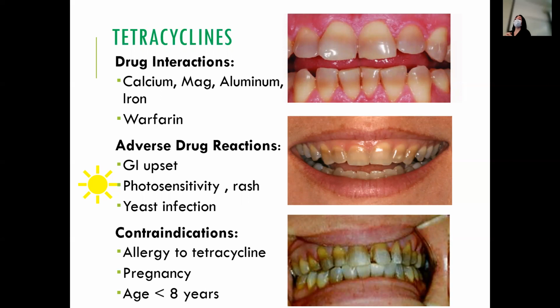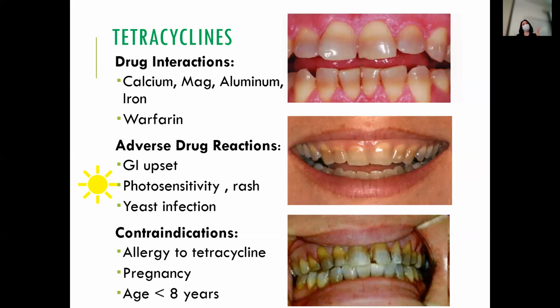GI upset, photosensitivity. So this is important to know. Patients who are on tetracycline medication could burn more easily. They'll be more susceptible to sunlight, so they can get a burn. So you have to kind of be careful of that when they're taking one of these drugs. Rash, yeast infection, allergy.